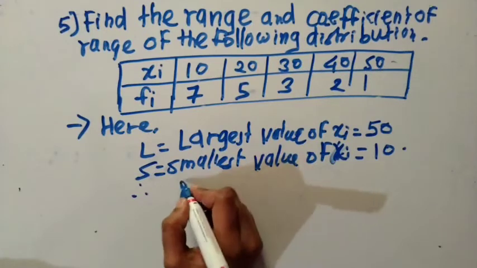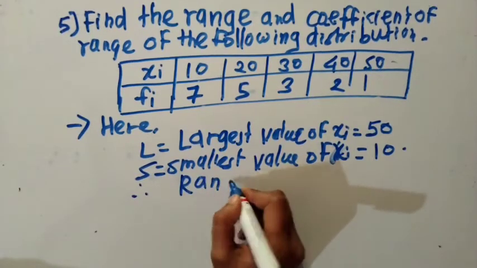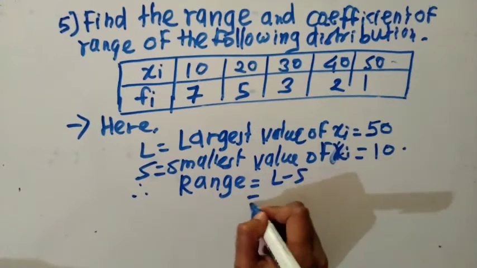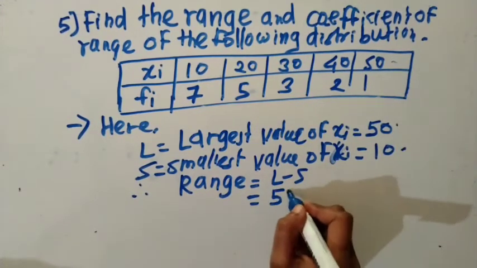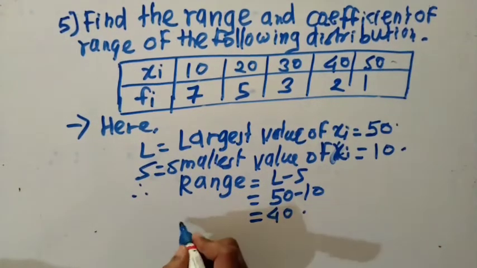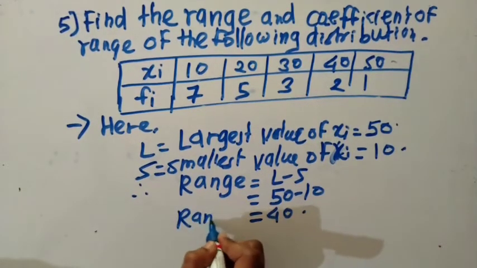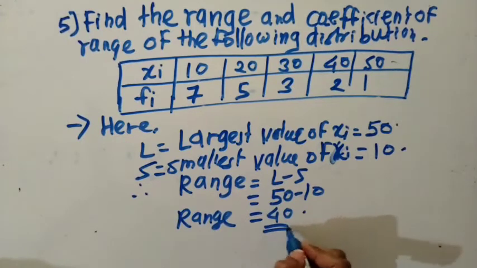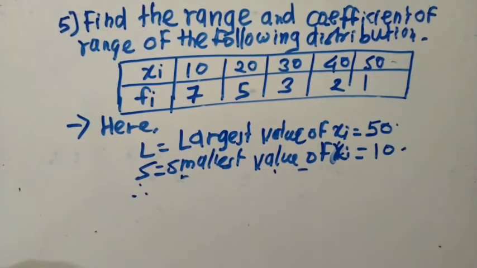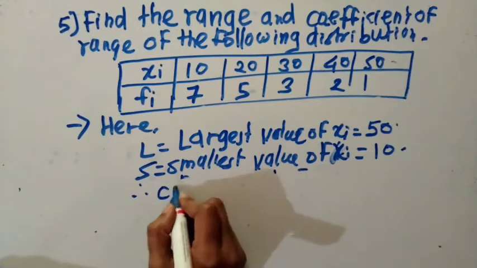So first, range is equal to L minus S, which means 15 minus 10 is equal to 14. Hence range is equal to 14. Then we find out coefficient of range.